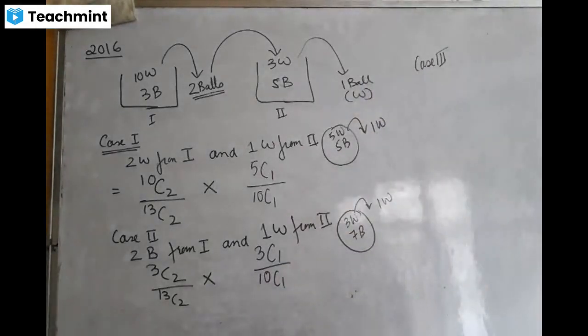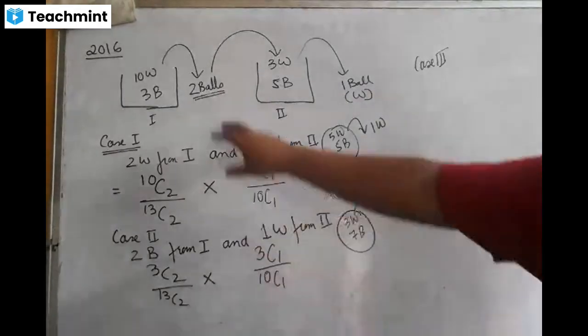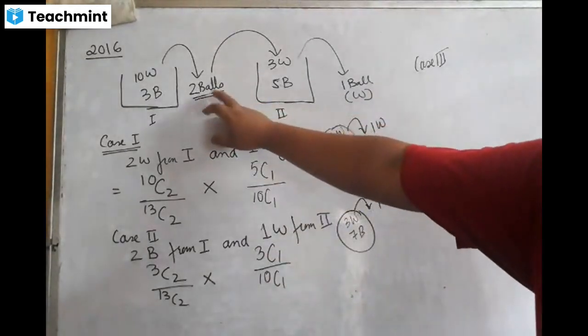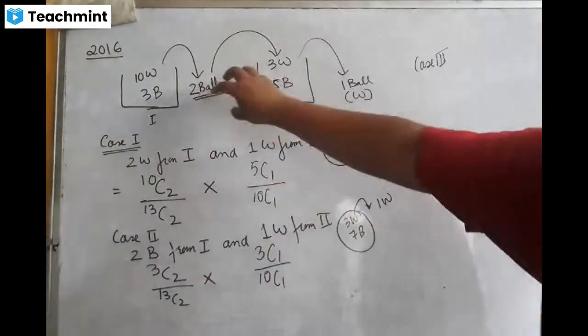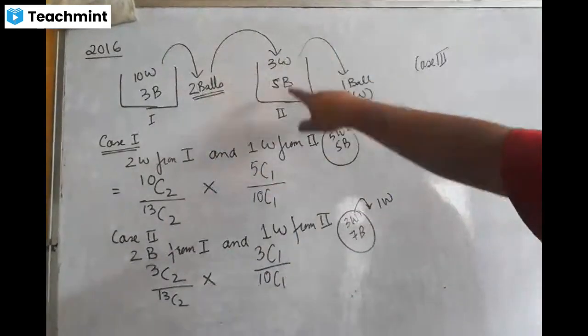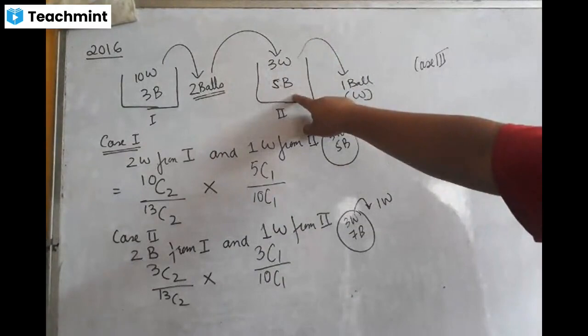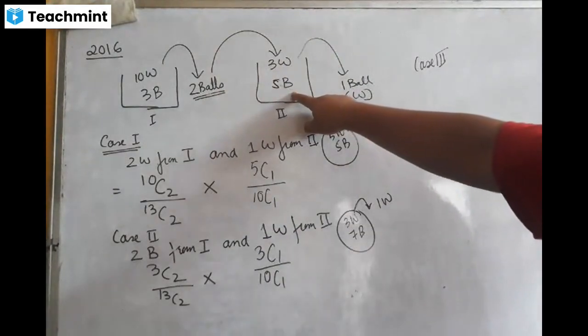Sir, यस, so त्यो 3C1 divide by 10C1, एकै फेरि बुझाइदिनुस् न. हेर, ल खुशी, यहाँबाट दुईटा बल निकाल्यो, त्यो दुईटा बलको कलर के रहेछ? ब्ल्याक. So यो दुईटा बल यहाँ भित्र हाल्नु पर्यो नि. How many balls were there in the second bag? पहिला कालो कतिवटा थियो? 5.